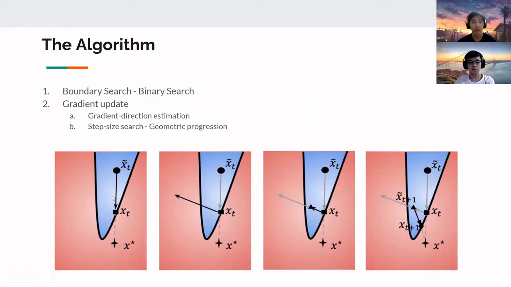First, we do a binary search to get to a point on the boundary, and then we use this point to get a gradient using gradient direction estimation. Then we select a step size and move along the gradient direction by that step size. After that, we use this point to step back near to the boundary point, and this process is done iteratively until it converges.